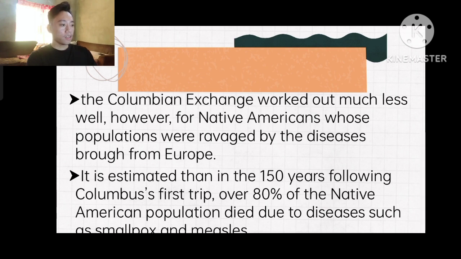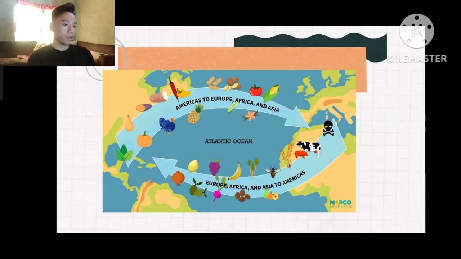It is estimated that in the 150 years following Columbus's first trip, over 80% of the Native American population died due to diseases such as smallpox and measles. Now, this is the illustration of the Columbian Exchange.